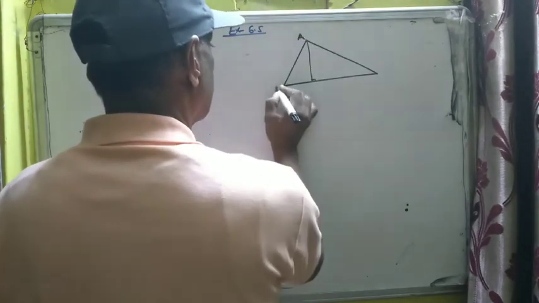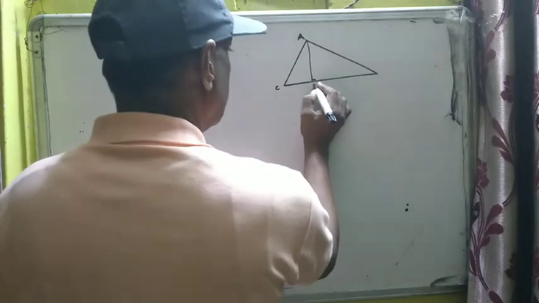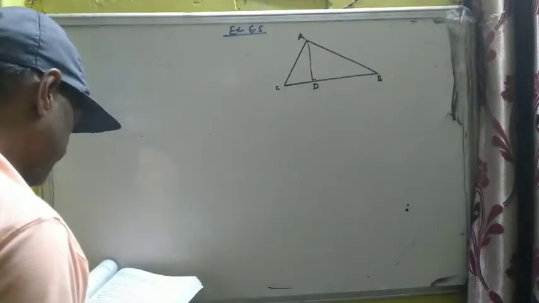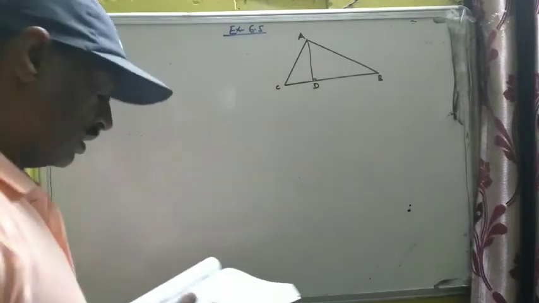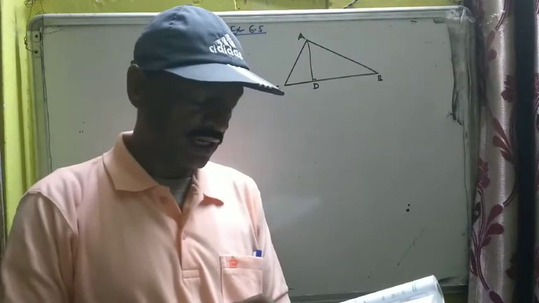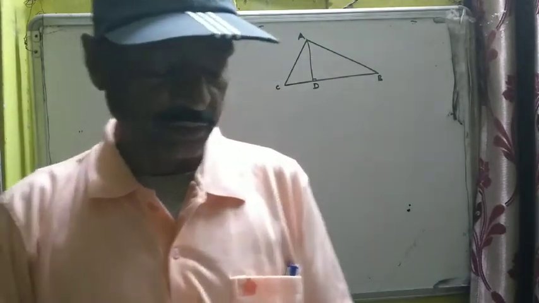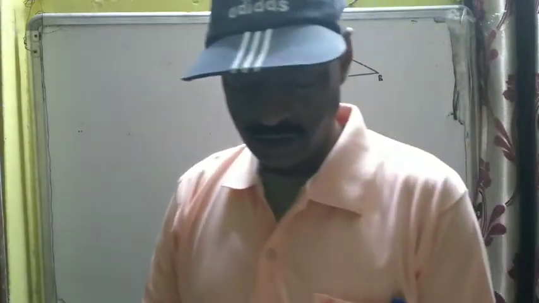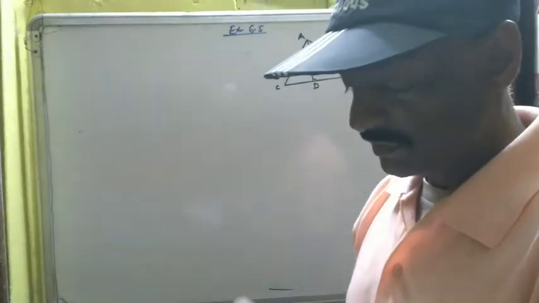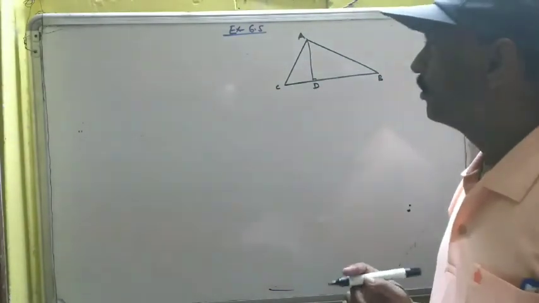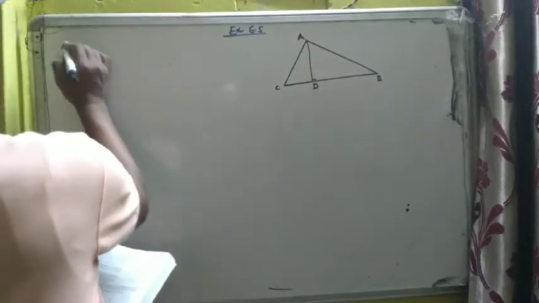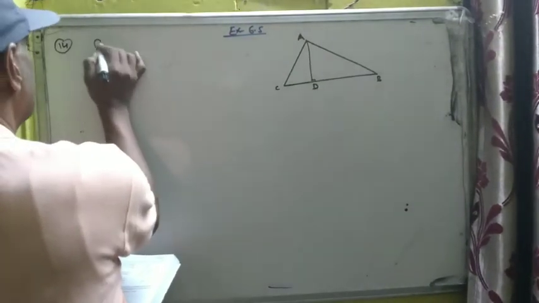This is A, C, D and B. In this question it is given that the perpendicular from A on side BC of triangle ABC intersect BC at D such that DB equal to 3CD. Okay, then prove this.